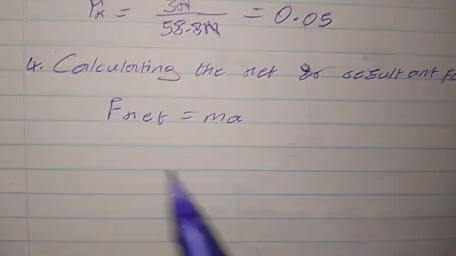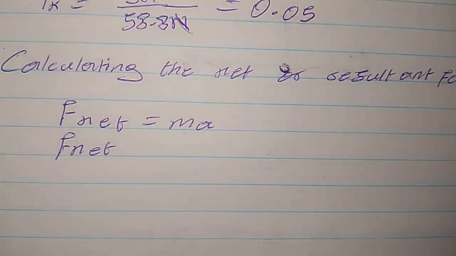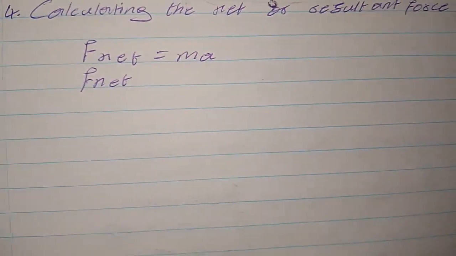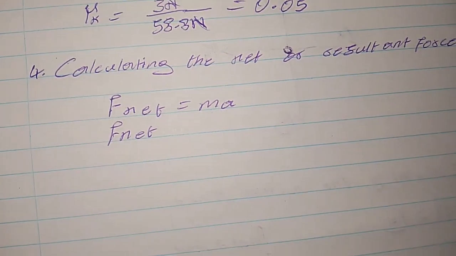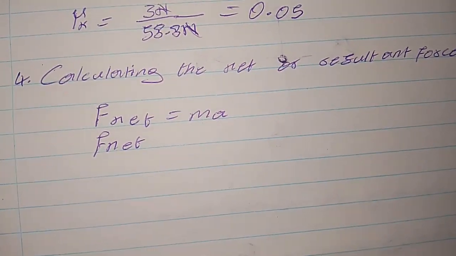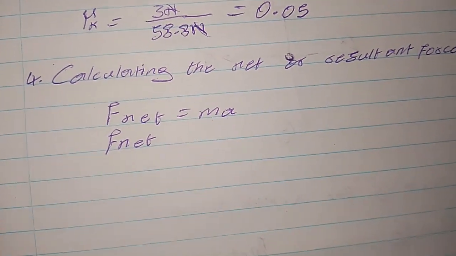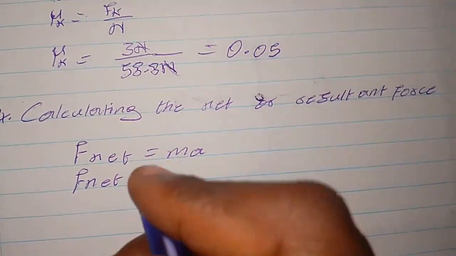How do you get Fnet? So Fnet is equal to the sum of all what? Of all the forces. So now, since the object is moving horizontally, we'll now look only at the horizontal forces, which is the applied force and the frictional force.